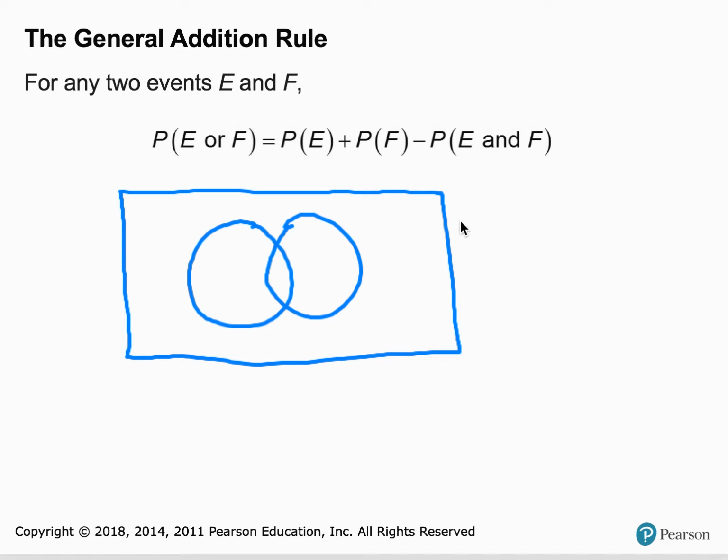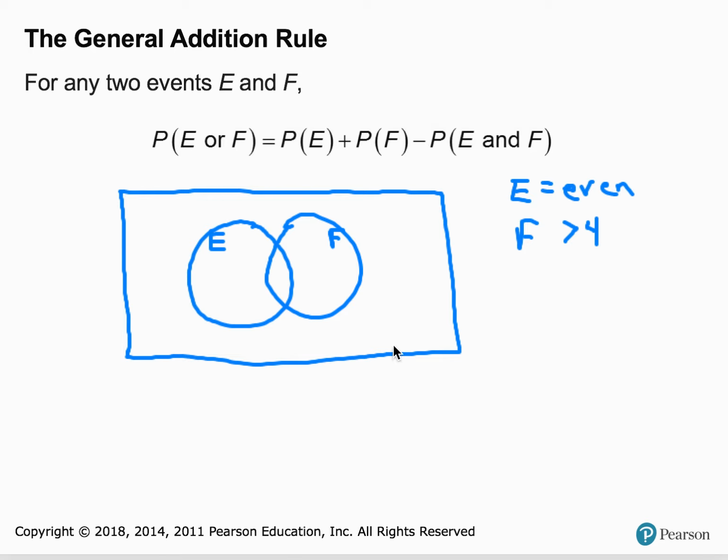be our sample space, and we'll say you roll an even number, or we'll let E be for an even number, and F be for a number less than 4.